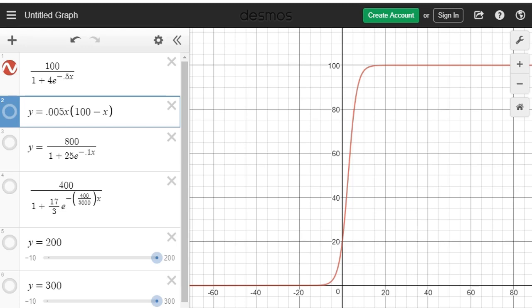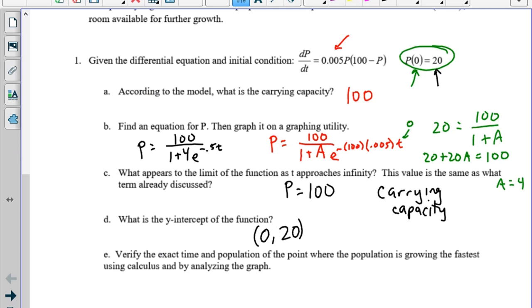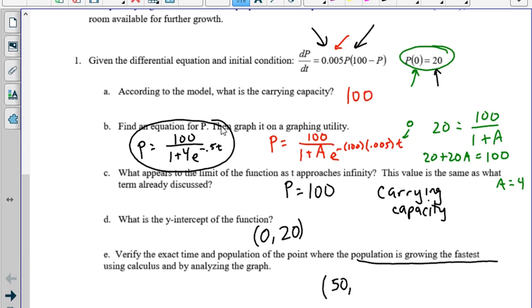This function is going to have the population growing the fastest when the differential equation has a maximum, and that would be at the point of concavity change of this function. So that is occurring at 50. I'm sorry, 50 for the y.